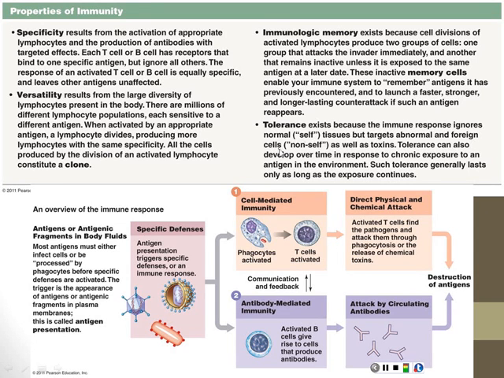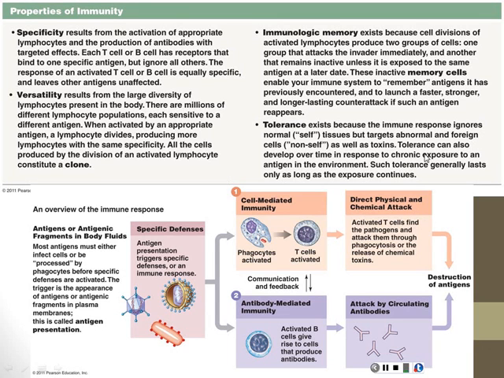And then finally, and very importantly, is tolerance. We don't want our immune system attacking normal, healthy cells. So we have to have what's called tolerance. So the immune system will attack something that doesn't belong, but never attack something that does belong, that is normal. So one of the ways that this is accomplished is in the thymus gland.